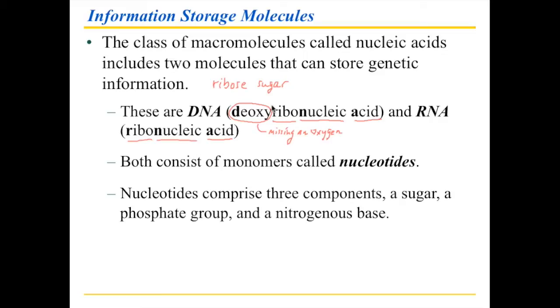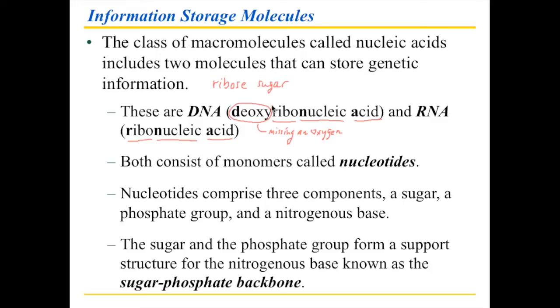The nucleotides have three components: the sugar, and as I just told you, it's some type of ribose sugar, a phosphate group, which is something we saw already when we talked about ATP, and a nitrogenous base, and that's kind of new, so we'll talk about those in a minute. The sugar and the phosphate group, those are the so-called sugar-phosphate backbone, and they form the support structure for this nitrogenous base.